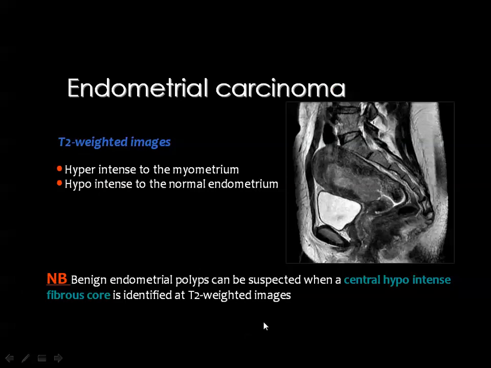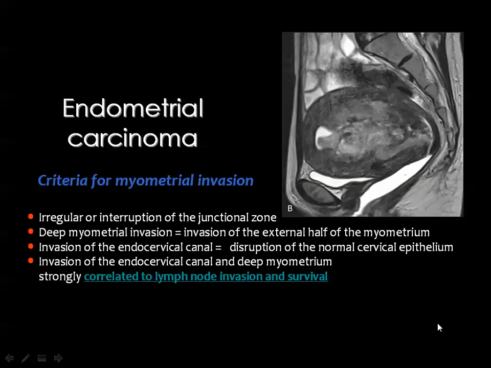But MRI is of course the best way to assess the presence of the tumor, to assess the stage of the lesion, and also to see if there are metastatic lesions. Endometrial cancer is an ill-defined lesion within the endometrial cavity.